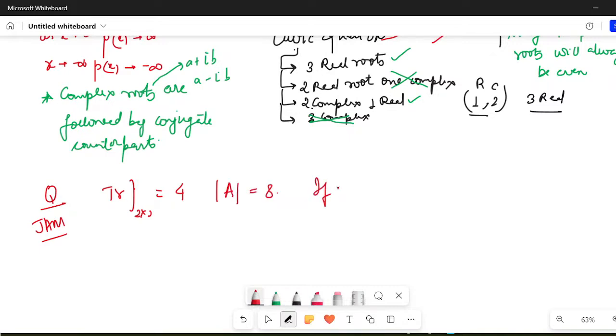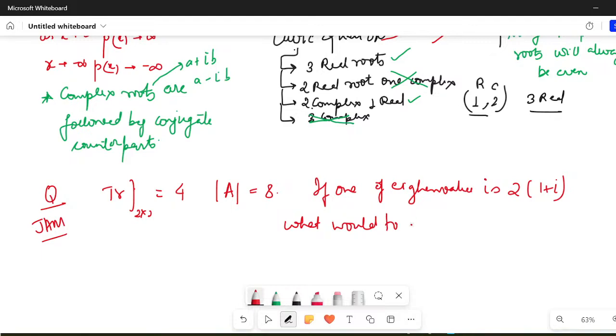If one of the eigenvalues is 2 times 1 plus iota, what would be the other eigenvalue?